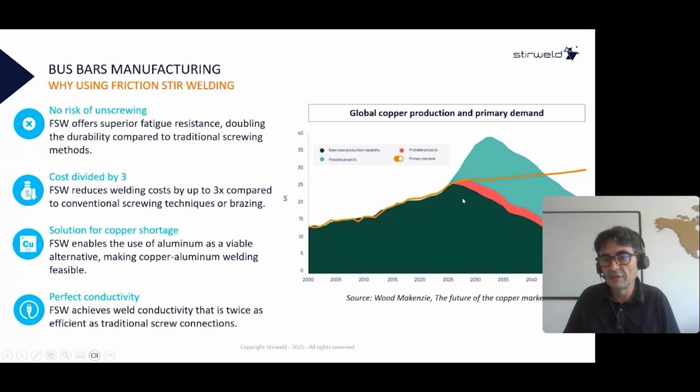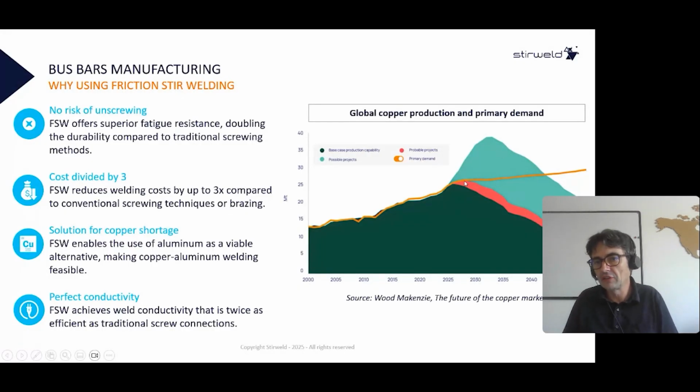The second point is, in black and red, the existing production projects. As you can see, we reach the optimum of the existing mining sources of copper. And in green are the possible mining projects. It's not sure, it's a possible project.